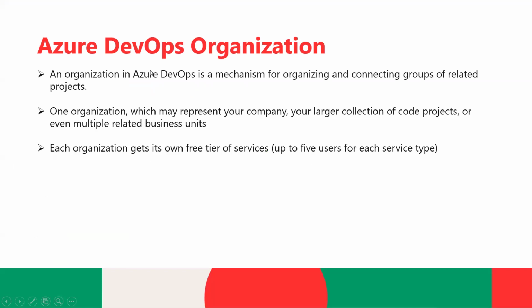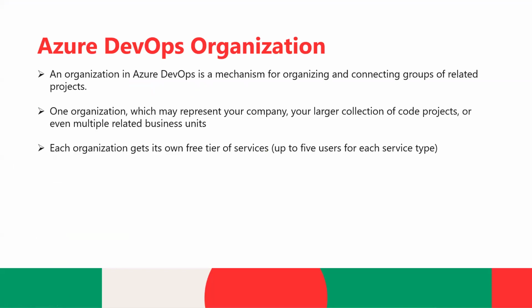So in simple words, let's say you are starting some project. That project means there will be some parent, right? Let's say I am trying to build some e-commerce website. If we talk about Amazon, let's say Amazon is an e-commerce website, then the organization will be Amazon itself. Under Amazon, there can be multiple projects.